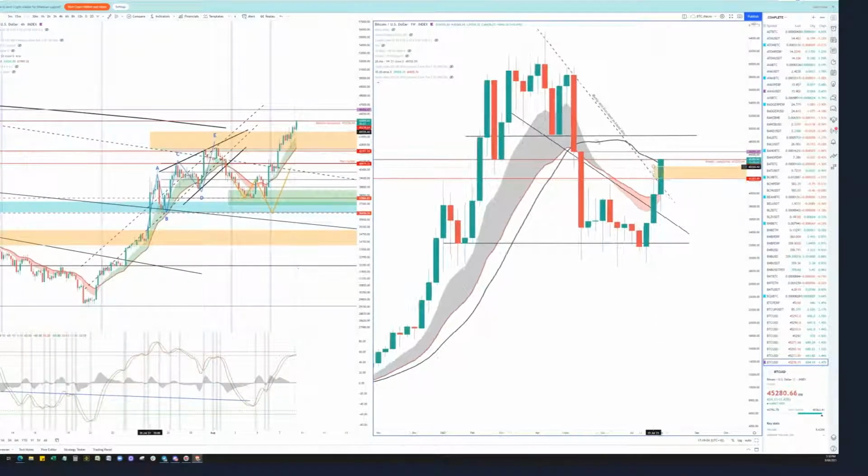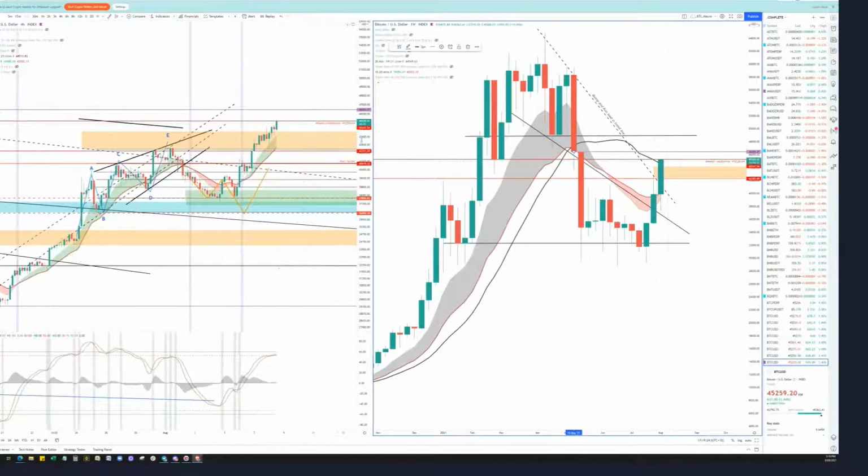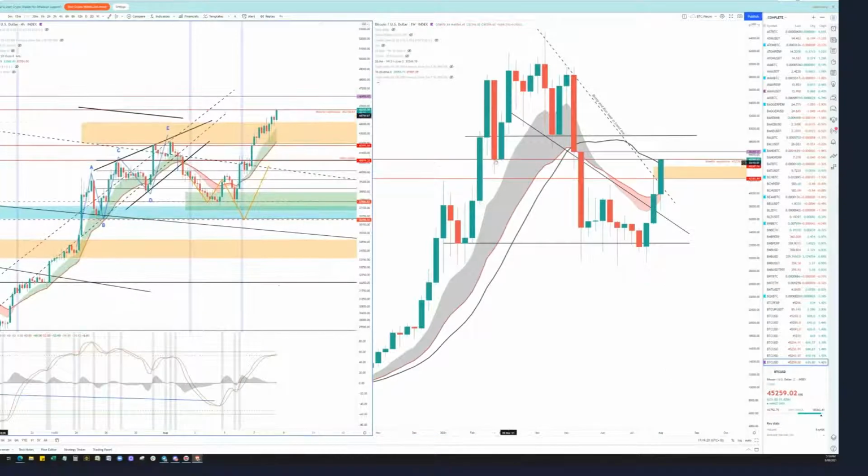So where is price now? If you look on the weekly, I got a few things here. This one here is based on the weekly candlestick as resistance. And then we've got this candle here, another weekly resistance. Price has hit this price right there, on the weekly resistance on the body of this one here.